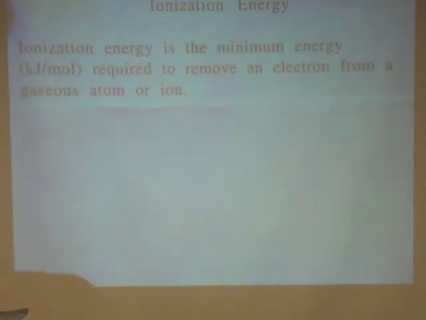Ionization energy is the minimum energy in kilojoules per mole required to remove an electron from, by definition, a gaseous atom or a gaseous ion.